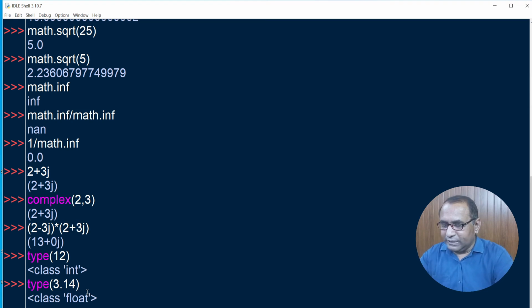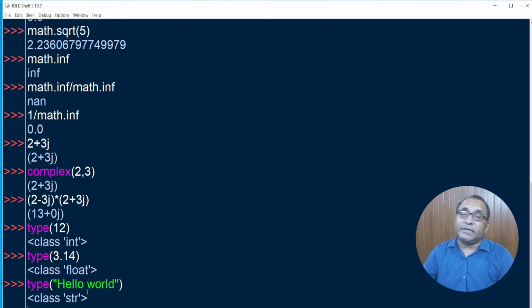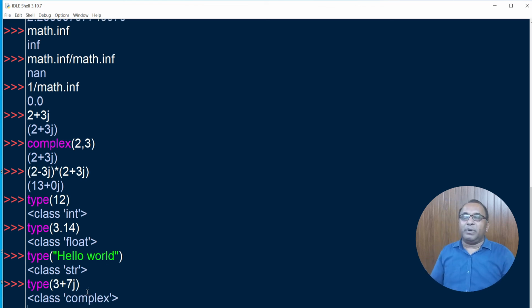If you want to check the class for hello world, when you enter, this is string. The class of hello world is string. And if you want to check the class for this number, 3 plus 7j, when you enter, this is complex.